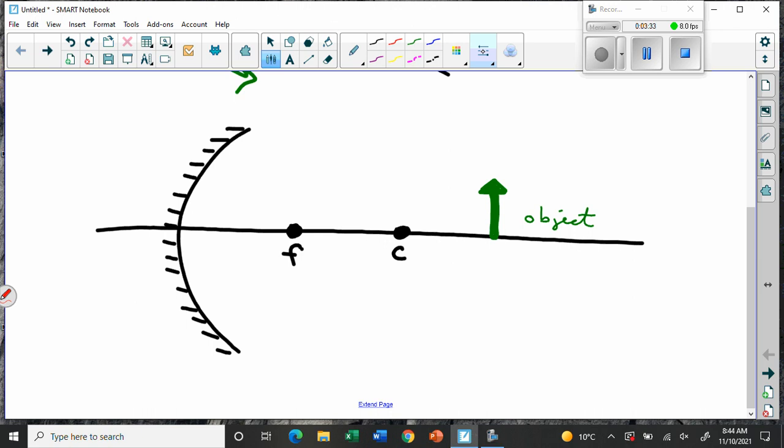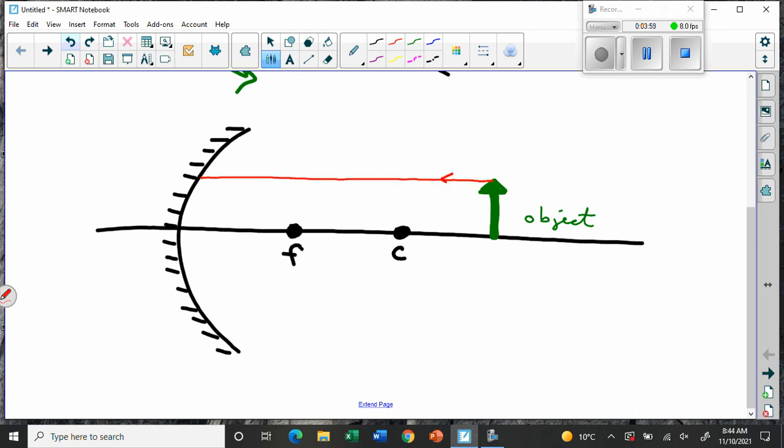So we're going to imagine, don't draw this part, that light is going to hit the top of this, but we're not going to draw that arrow because it's confusing. We're just going to look at the light after it bounces off of the tip of that arrow. We're going to imagine that it's going to bounce off in many different directions, right? But one of those directions will be straight like this, parallel to the principal axis, and it will go here and strike the mirror.